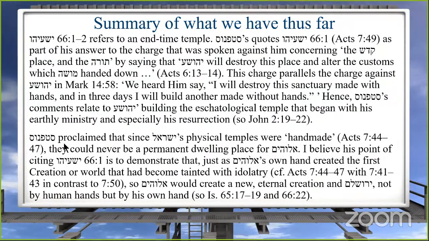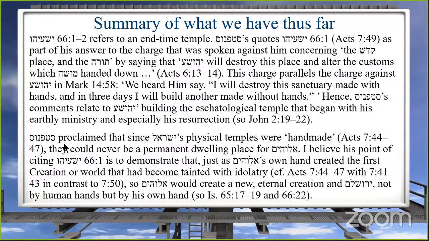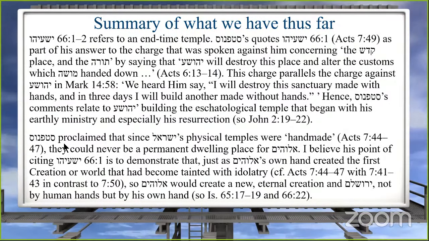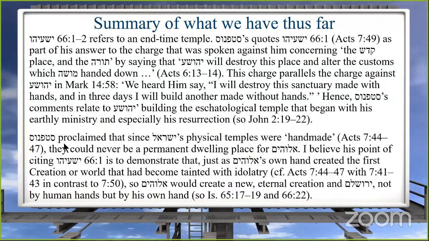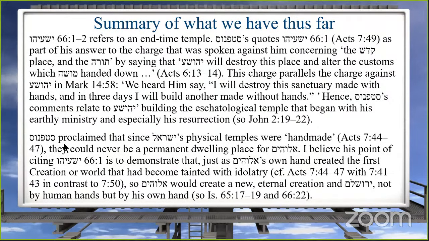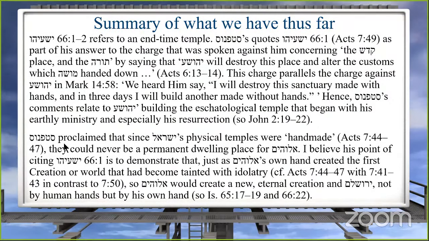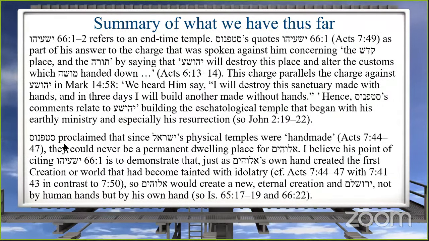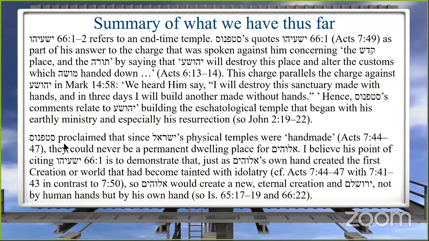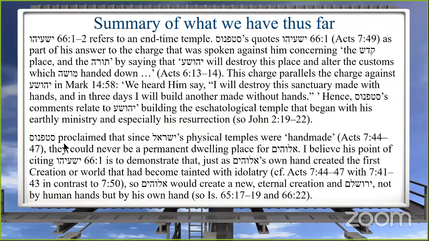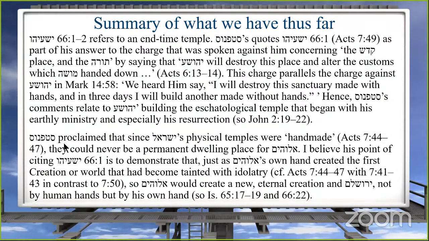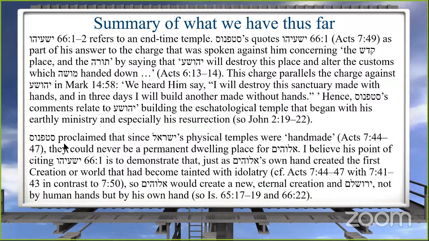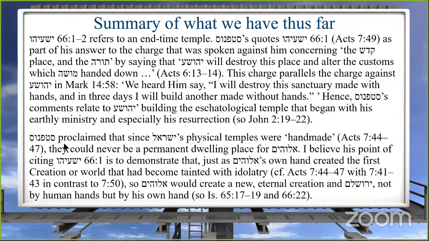This charge parallels the charge against Yahusha, which we just read in Mark 14:58. We heard him say, I will destroy the sanctuary made with hands, and in 3 days I will build another made without hands. Hence, Stephonos' comment relates to Yahusha building the eschatological temple that began with his earthly ministry and especially his resurrection. So a lot of clues so far.